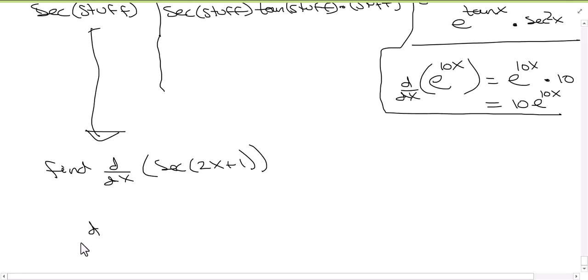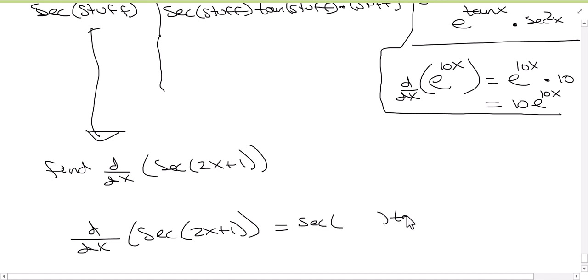So when I take the derivative, so hopefully you have now unpaused, the derivative of secant of 2x plus 1, right? I have secant as my outside function, so secant of stuff, the derivative is going to be secant tangent, but the stuff has to stay in there. So 2x plus 1, 2x plus 1. And then now I do times the derivative of the stuff.